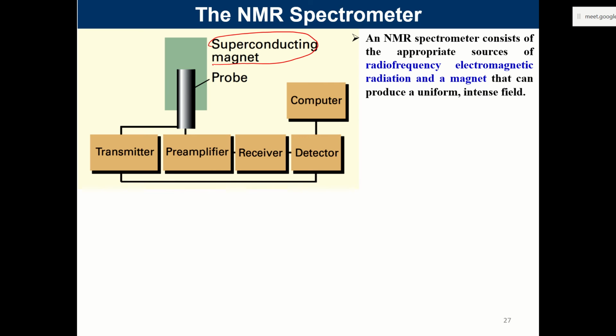To reach that temperature, what do you use? Liquid helium. So these are the complications in running an NMR spectrometer. You need liquid helium to cool it, achieve superconductivity, and then you get the desired highly intense, uniform magnetic field. So you need a source of uniform intense magnetic field.